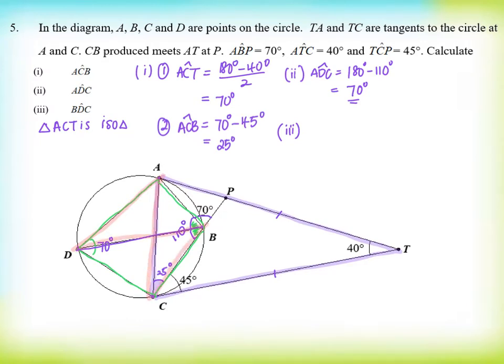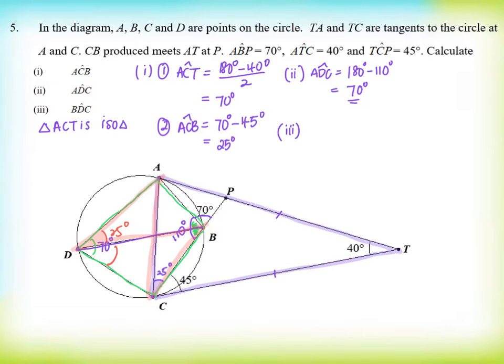That means angle 25, this angle here will also be 25. So if I want to find angle BDC, that leaves me with 70 minus 25.